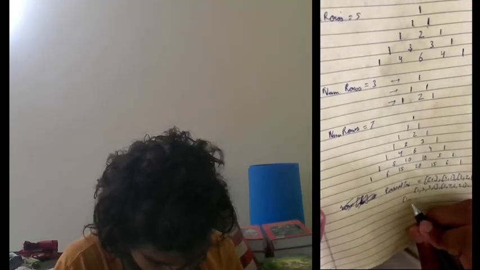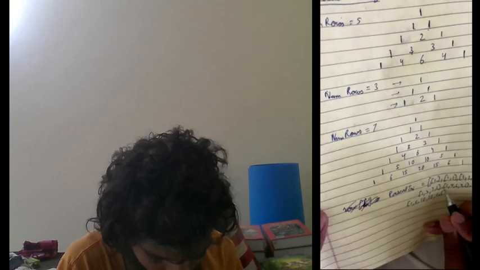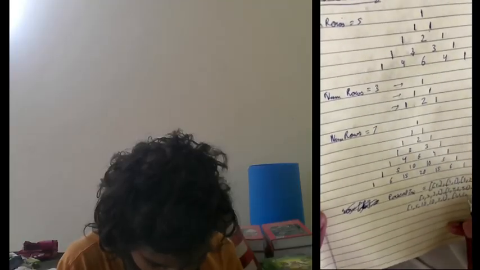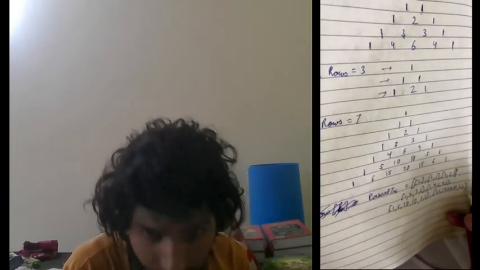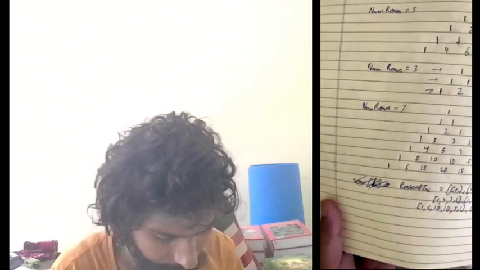Then 1, 5, 10, 10, 5, 1. Then 1, 6, 15, 20, 15, 6, and 1. So this is a 2D matrix, 2D array.